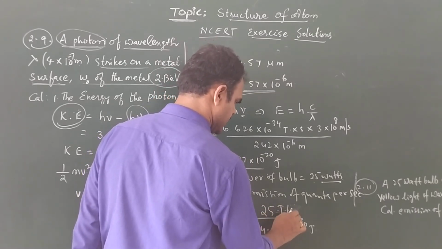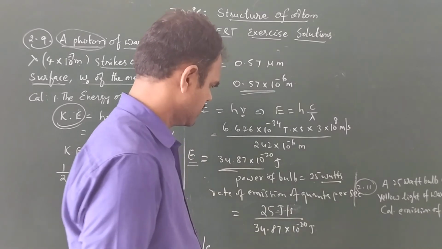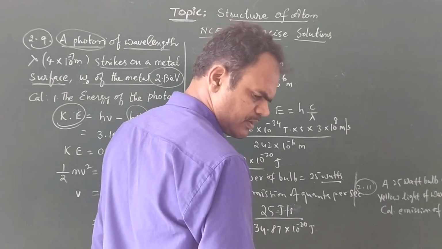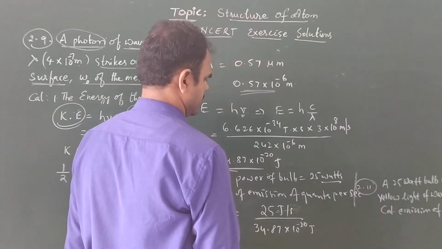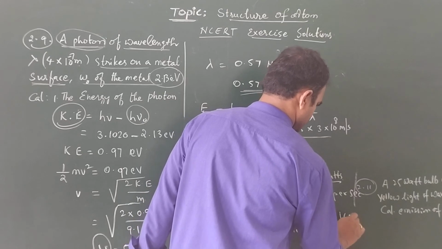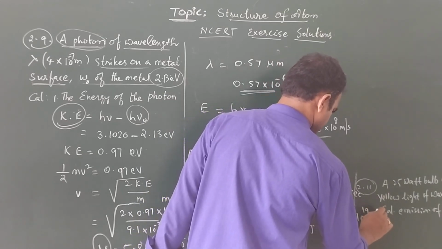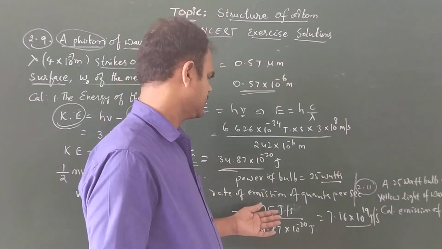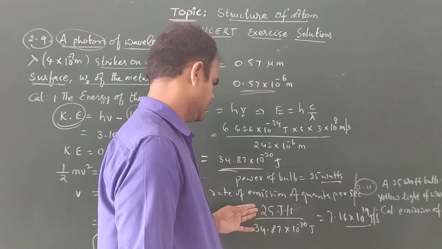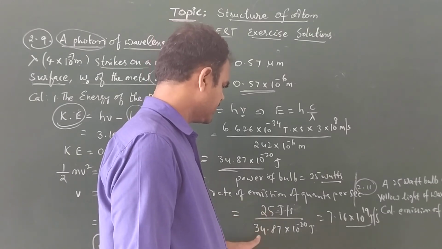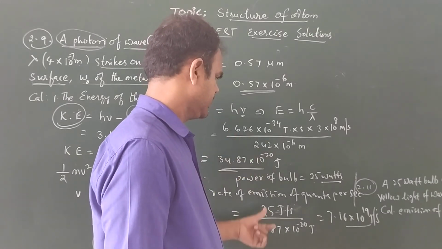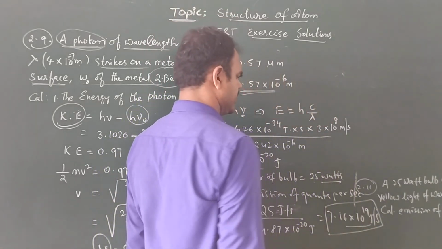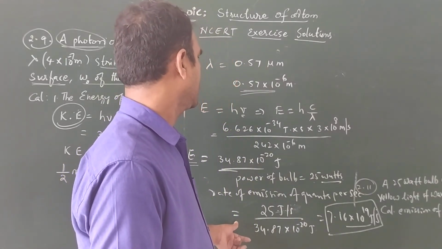You can simplify this, and the answer you will get is 7.16 into 10 to the power of 19 per second. What I am doing here is the power of the bulb upon the energy of the photon, and I simplify to get the answer.